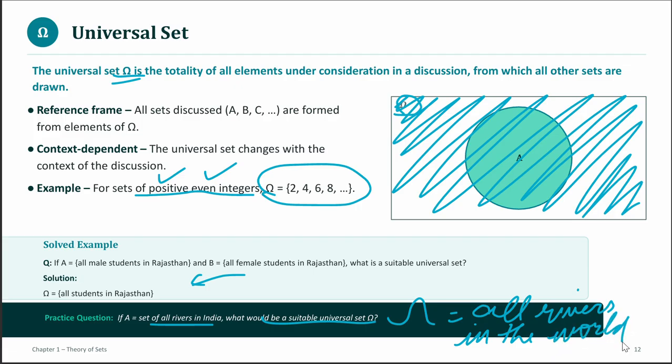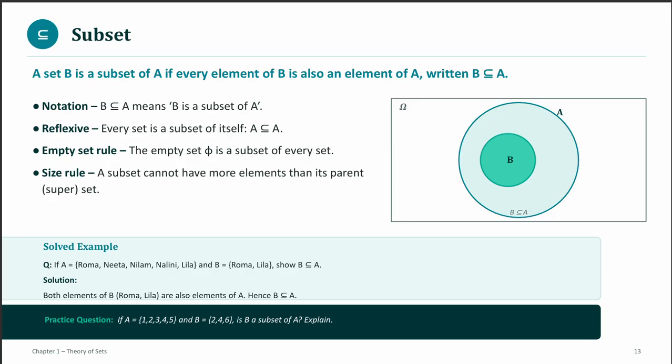All right. Now we come to our next concept, which is a subset. A set B is a subset of A if every element of B is also an element of A. Written, B is a subset of A. So as you can see here, all the elements inside the set B are part of the elements of set A as well, right?